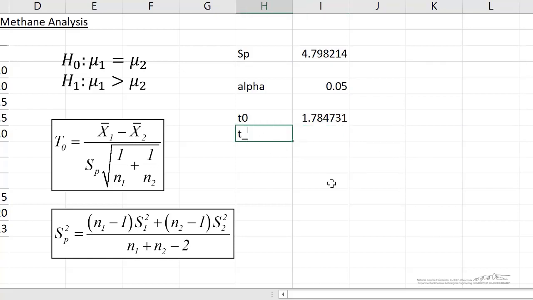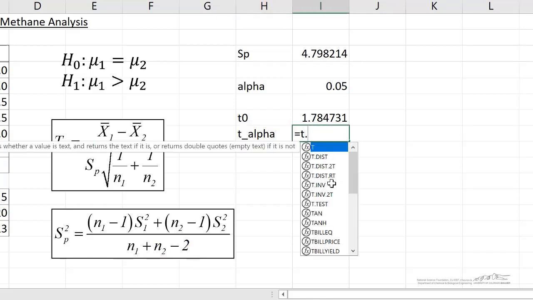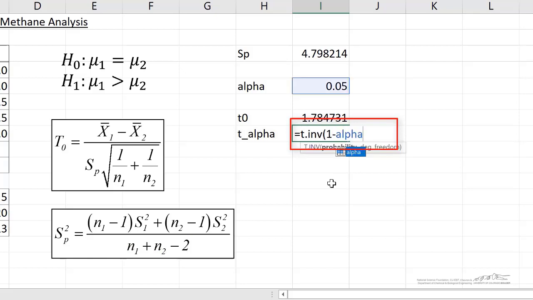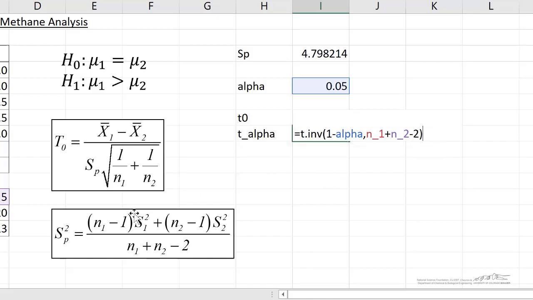We now need to compare to t alpha. This is an upper tailed test, t alpha, with N1 plus N2 minus 2 degrees of freedom. So this is simply T.INV, 1 minus our alpha value. Degrees of freedom is N1 plus N2 minus 2. And when we press enter, we get a critical t alpha of 1.81.